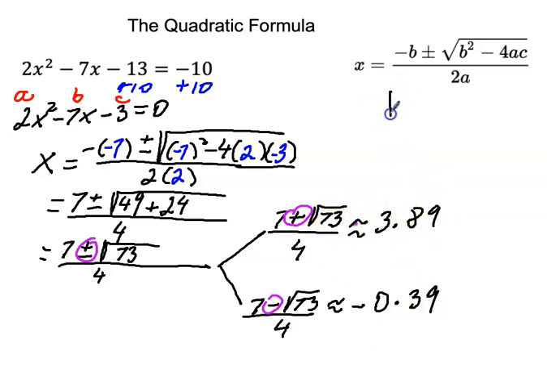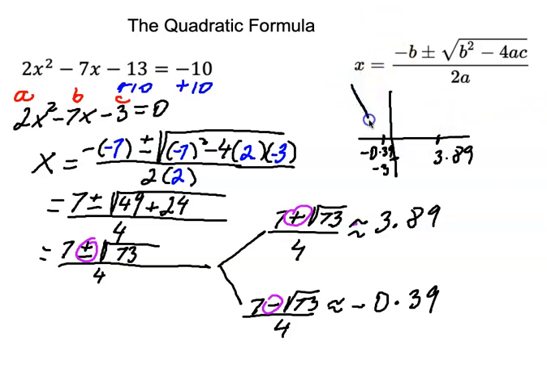So what are those answers actually? Those answers are the x-intercepts or roots. Basically, those are the solutions to the quadratic equation. Let's say over here we would have approximately negative 0.39, and over here we would have 3.89. The y-intercept is going to be negative 3, and then we would graph this parabola. Oh, this is a really bad graph.